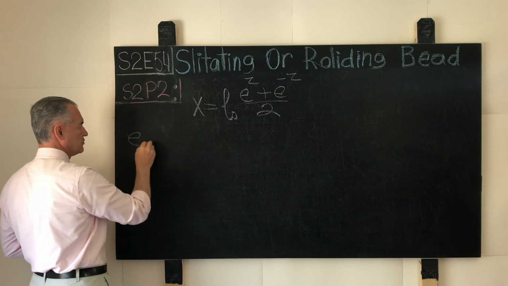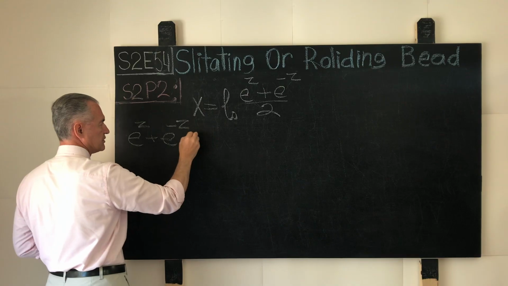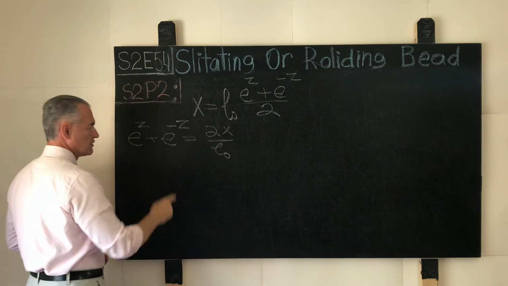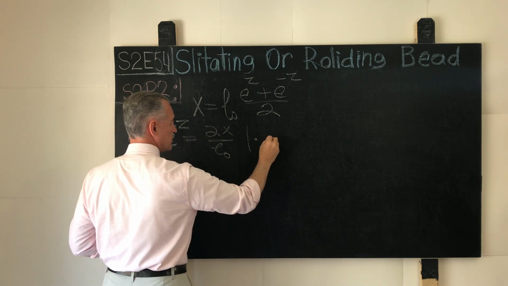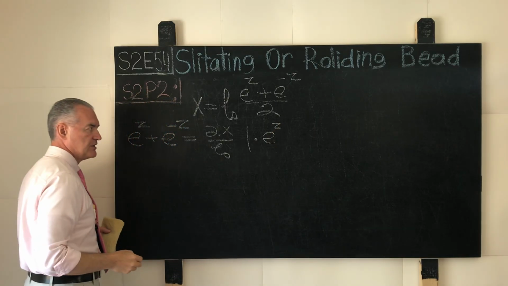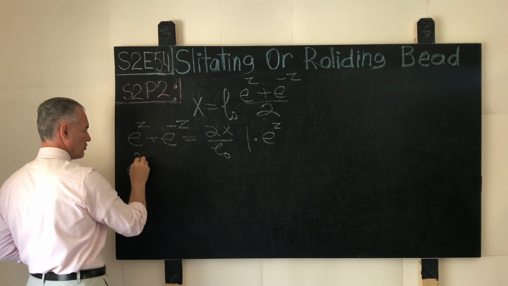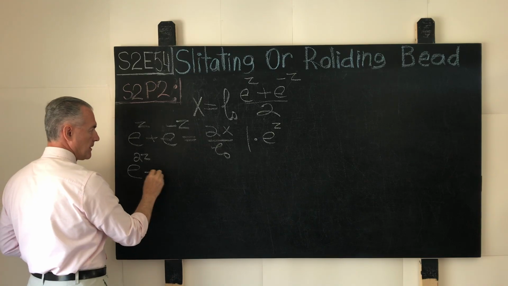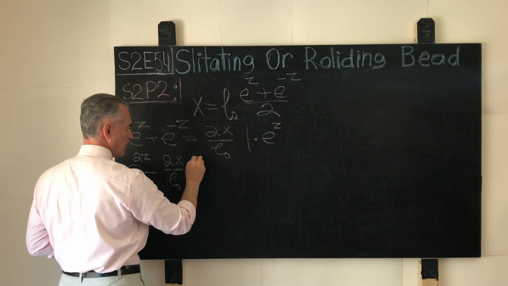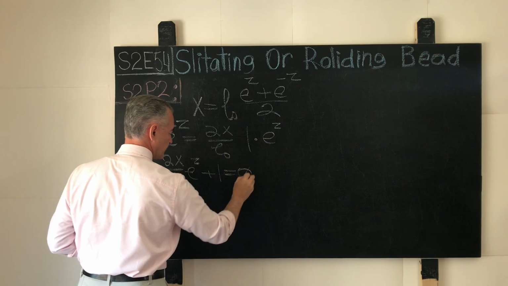We will have e to the power of z plus e to the power minus z equal to 2x over L0. Then we multiply this equation through by e to the power of z, and then we move the resultant term to the left hand side. What will we have? e to the power twice z minus 2x over L0 e to the power of z plus 1 is equal to 0.